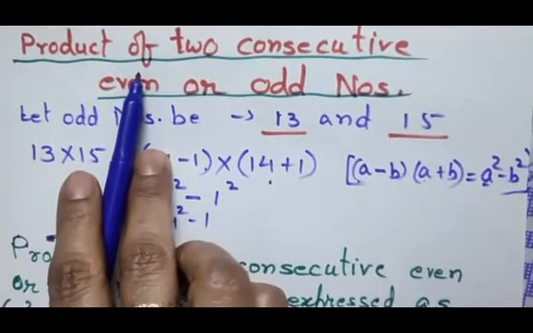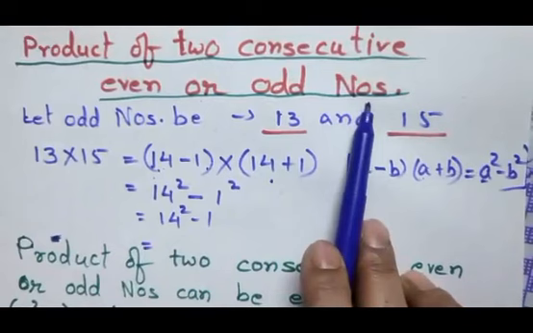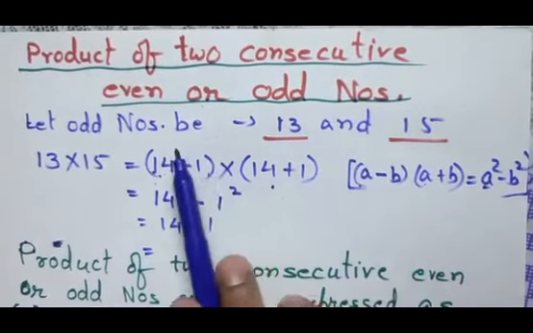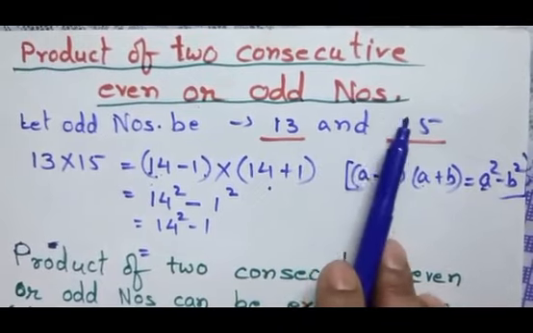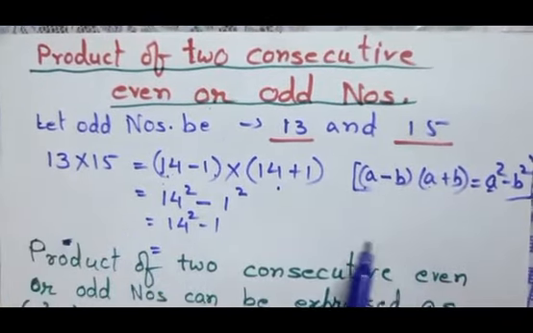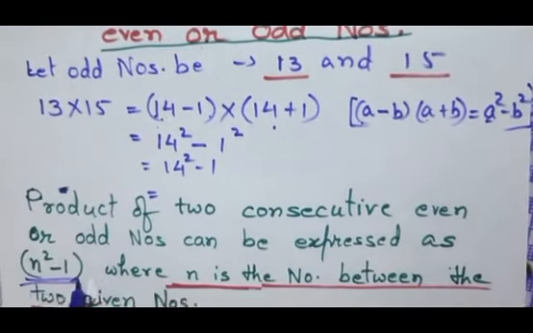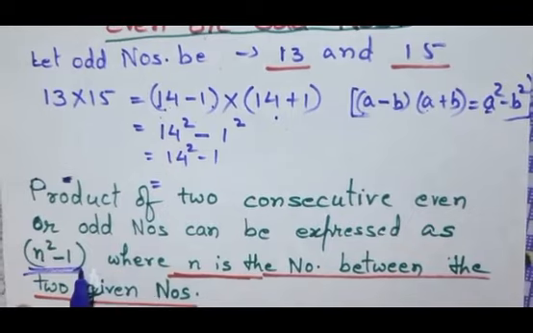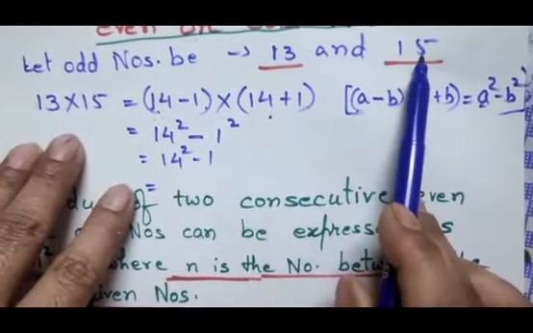Now the next property is the product of two consecutive even or odd numbers. When we take any two consecutive even numbers or odd numbers, their product is always represented by the term n square minus 1. We will see how. Let us take two odd numbers 13 and 15.